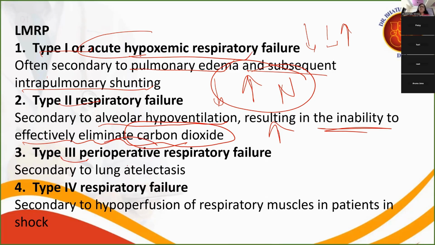Type 3 is atelectatic or perioperative respiratory failure, and type 4 is a circulatory or hypoperfusion defect of the respiratory muscles, because the patient is in shock.